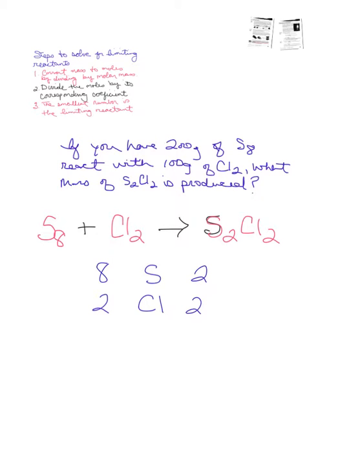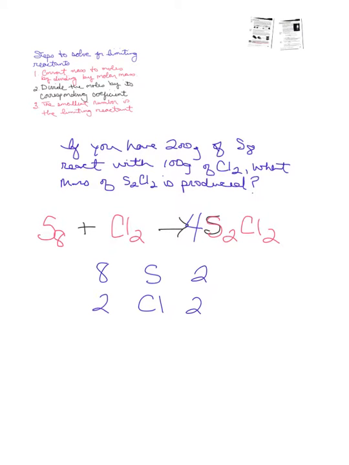So I'm going to ask myself, okay, how many times will 2 go into 8? Well, 2 will go into 8 4 times. So 4 will then become my coefficient. Now, when balancing, you can only add coefficients. You cannot add subscripts.